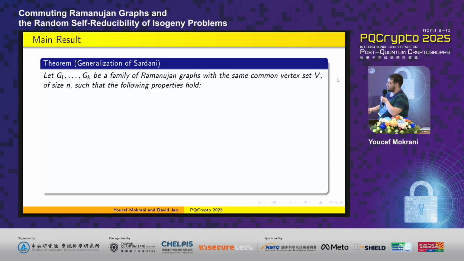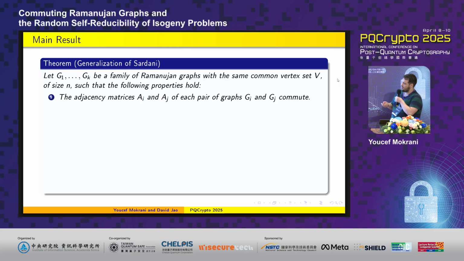And this is the main result of our paper, which is a generalization of a paper by Sardari that states that if you're given a family of k Ramanujan graphs, where our isogeny graphs apply, that have the same common vertex set, once again, our graphs apply, with the following properties, we need that the adjacency matrices commute between each other.